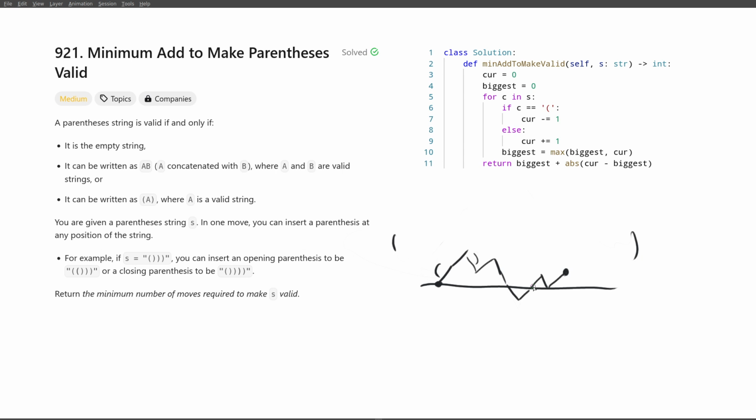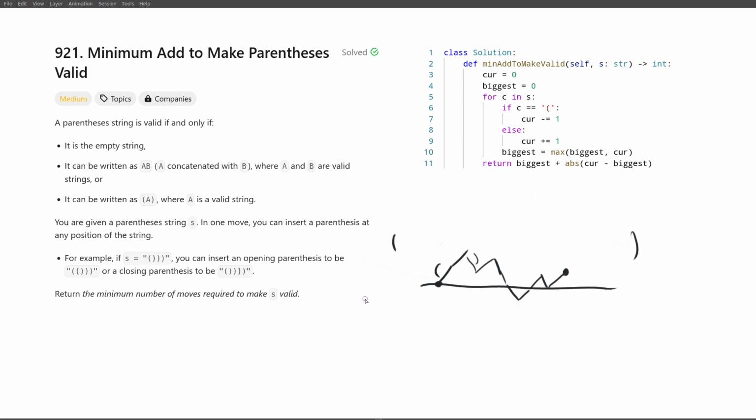For never dipping below the ground level, the approach is exactly the same as yesterday. So we'll be maintaining the current level, remember the deepest level that we've ever been at, and it's necessary for us to at least raise that level up to 0. And if we raise that level up to 0 by adding parentheses at the beginning of the string, then everything else is also at 0 or above. So this is the payment that we always have to make.